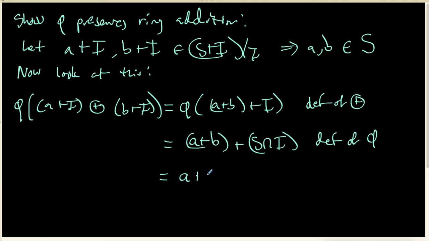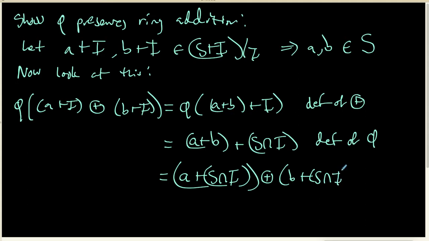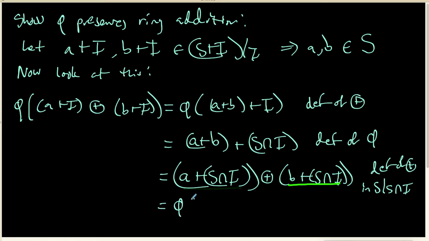So this is A plus S intersect I plus B plus S intersect I. And this is again the definition of coset addition, this time in the ring S mod S intersect I. And lo and behold, this is just phi of A plus I, and this is phi of B plus I, so we can write this as phi of A plus I plus phi of B plus I, and that should be a coset addition.